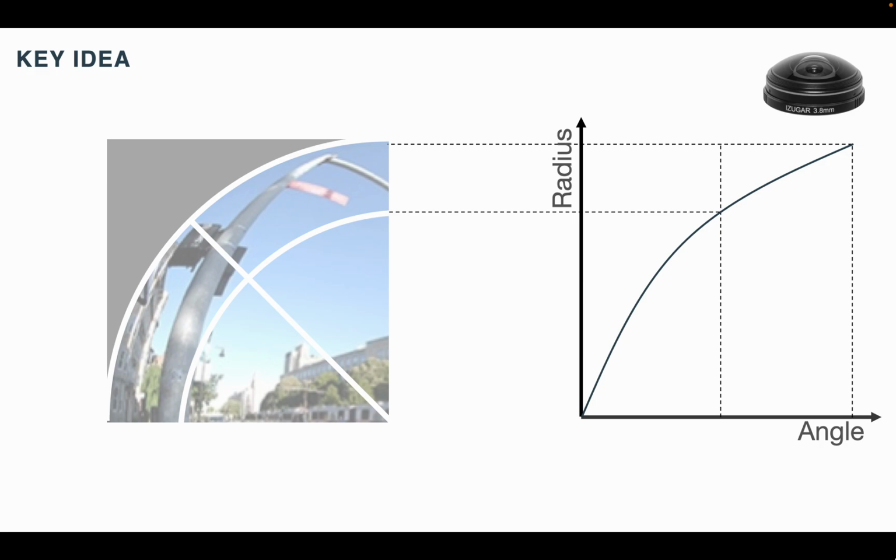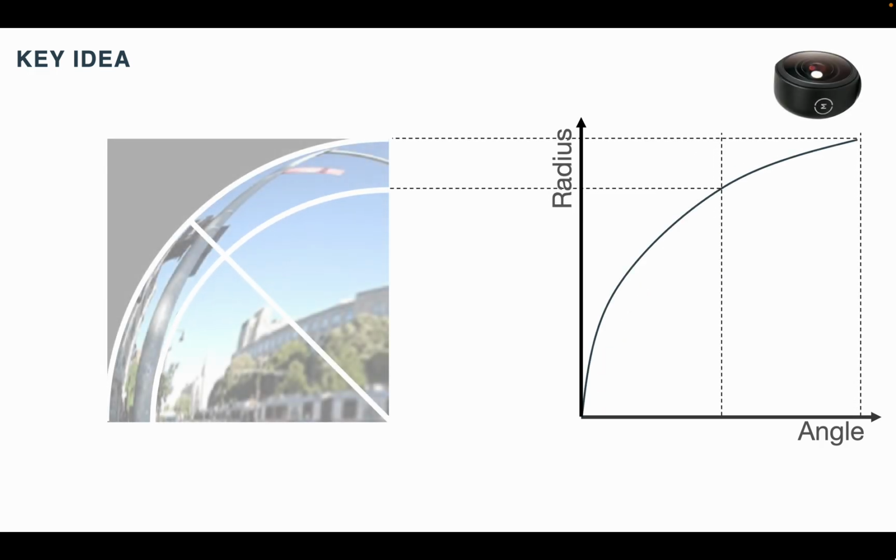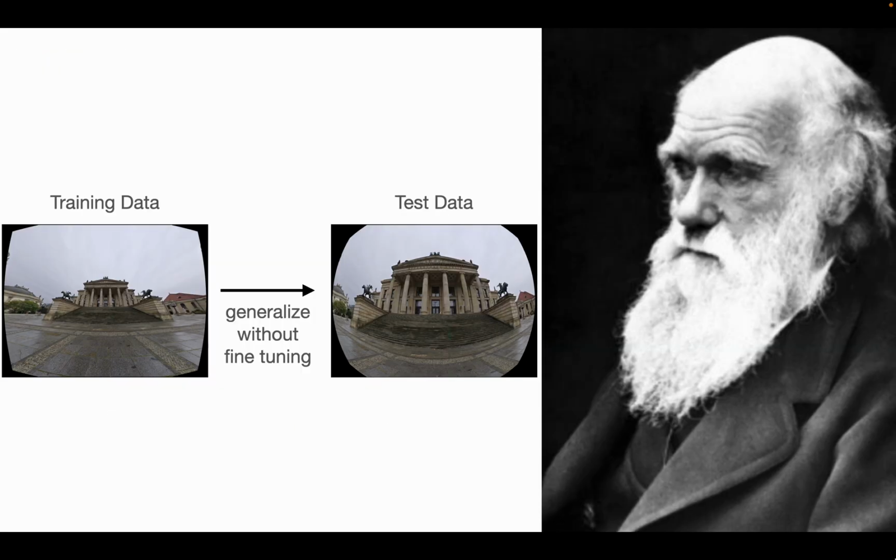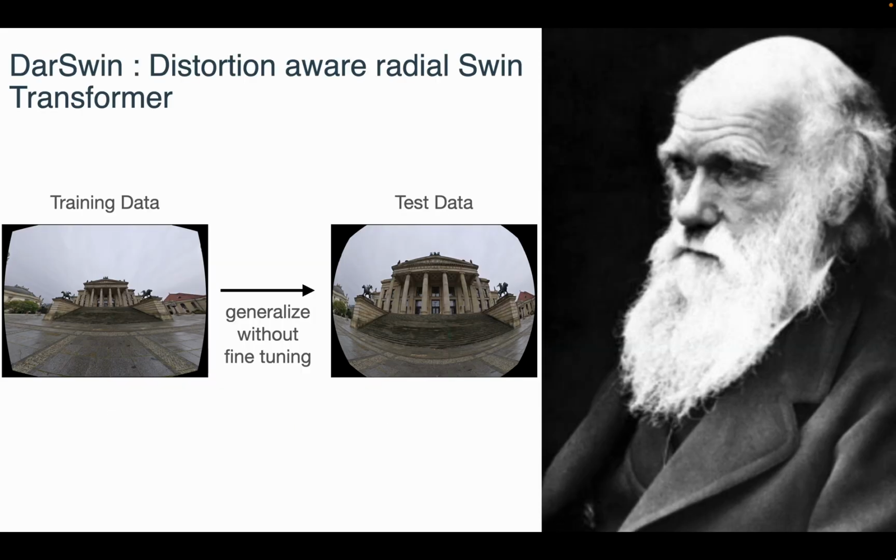So, if the lens changes, we can adapt our network structure to the given lens's distortion. Using these two modifications, we evolve the Swin transformer network and present DarSwin, a distortion-aware radial Swin transformer network that has the ability to adapt to unseen lenses at test time.